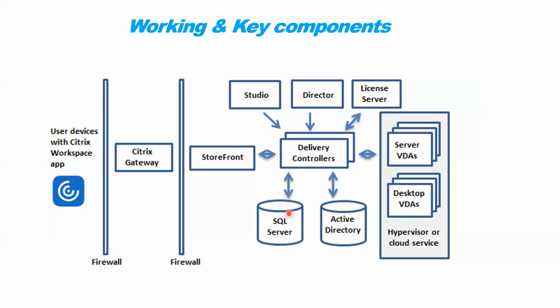So it will get the data from SQL server that this application or this machine is published to that user, and after that, it will forward the query to the hypervisor, asking it to turn on the available resources in your system, and once resources are powered on, it finally forwards the query to the delivery controller, and on the next page the user will get the icons, Windows 10, Windows 7, whatever resource is published to that user.